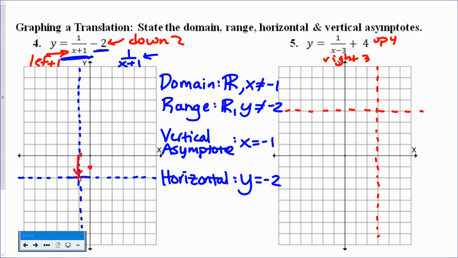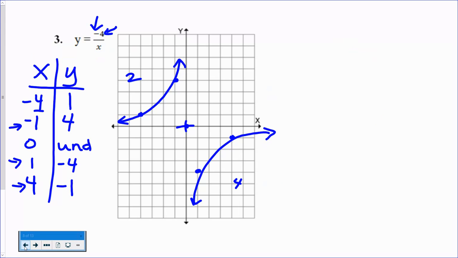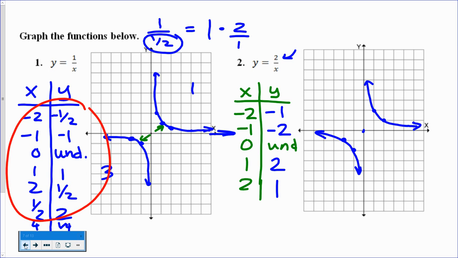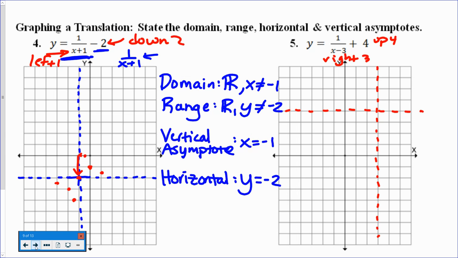So we had 1, 1, we had 2 and 1/2, and 2, -1, -1, -2, -1/2, and -1/2 and -2. I'm using those points right here, but instead of working from 0, 0, I'm working from this new location. And then I've got my branches.